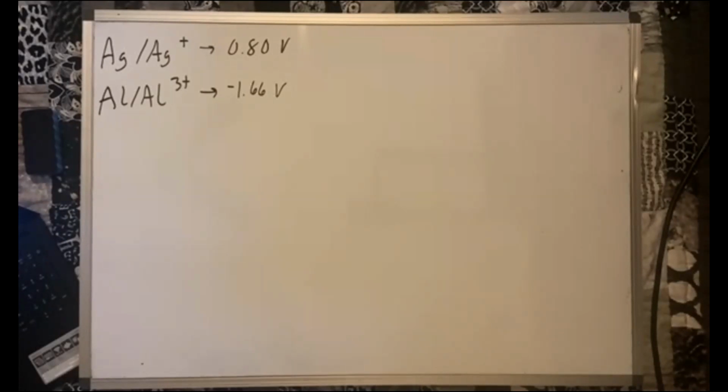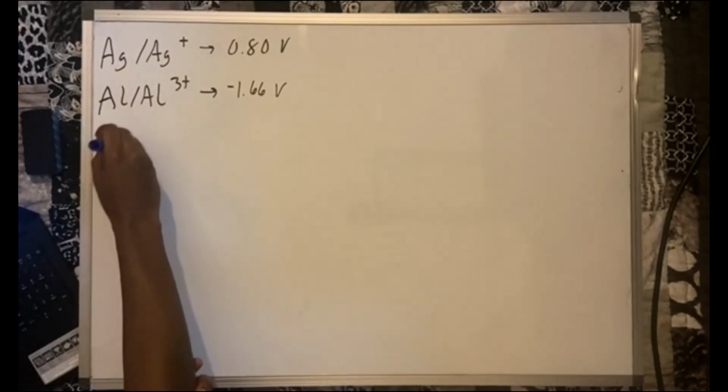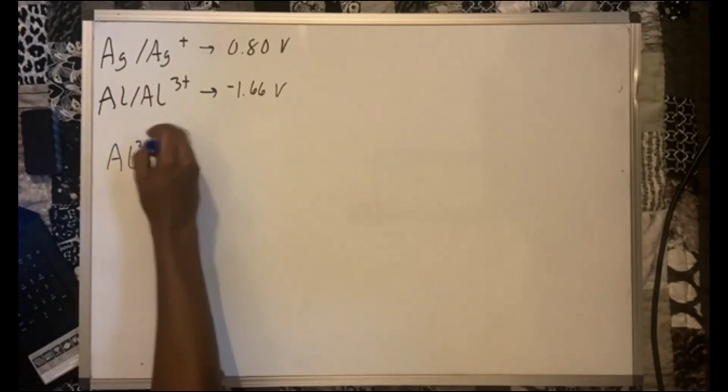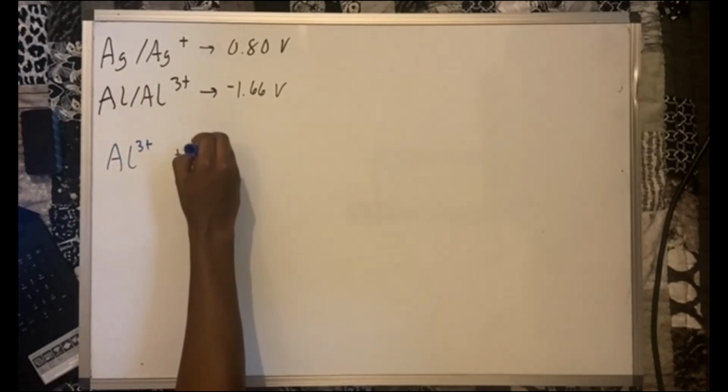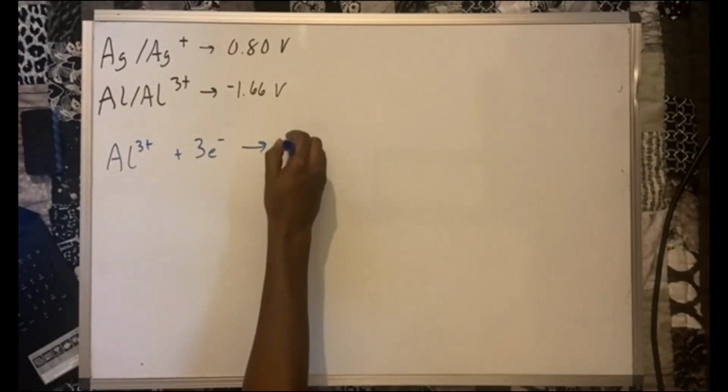Okay, so now I have to basically just take these two half reactions, right? I can write two half reactions between those two things. So Al3+ + 3e- goes to Al. Is that right?